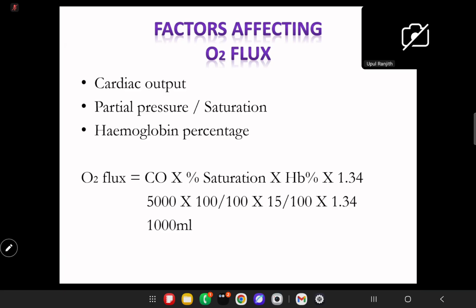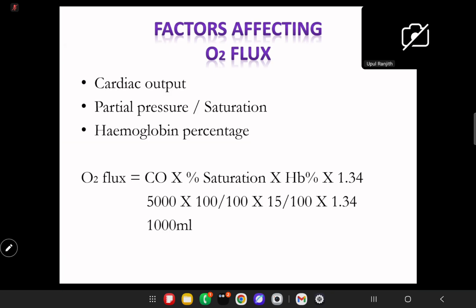So you have to add that 15 ml to this. This is the amount of oxygen carried in the hemoglobin. The cardiac output is 5,000 ml because the others are in milliliters, so we have to convert the cardiac output into milliliters.